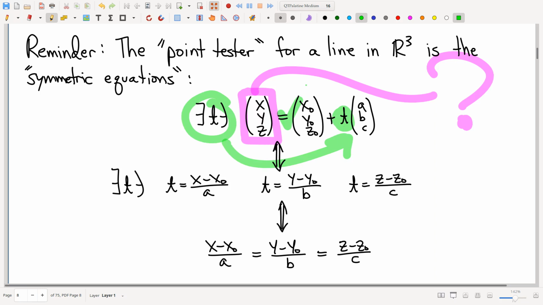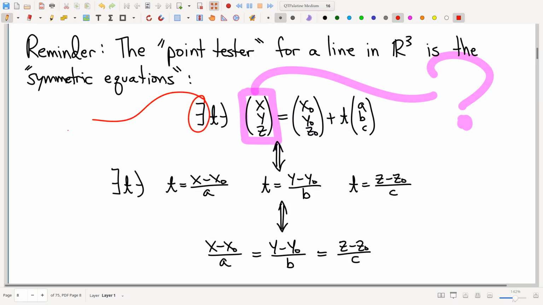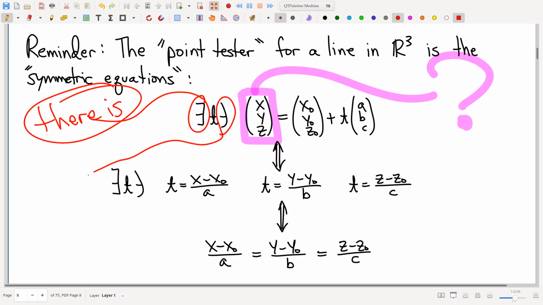Yeah, the notation? Yeah, totally. I was totally going to do that. So this notation is a little math shorthand. It's just a shorthand. This says there is, or there exists, and this symbol here means such that or so that.